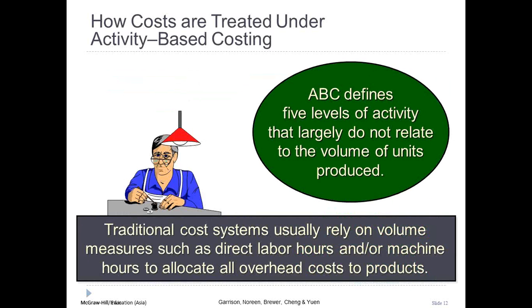Traditional cost systems really rely exclusively on allocation bases that are driven by the volume of production. ABC defines 5 levels of activity that largely do not relate to the volume of units produced.